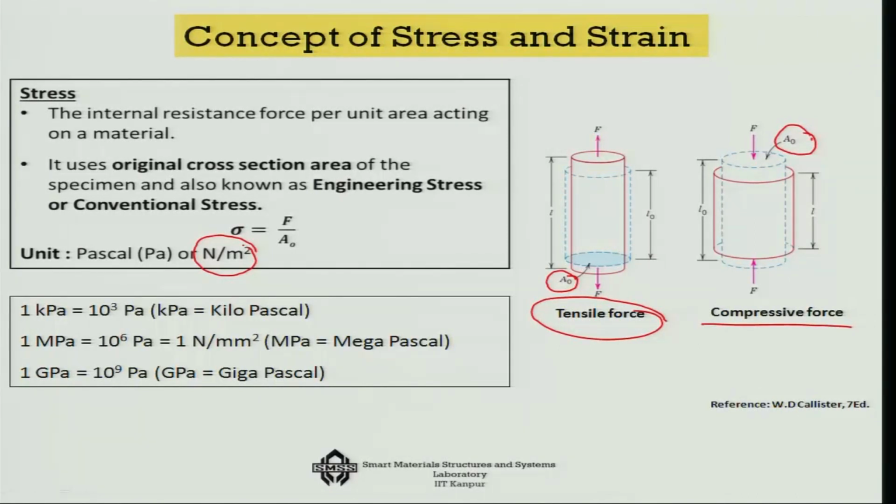Rubber will have a modulus of elasticity between kilopascal and megapascal range. Steel has a modulus of elasticity in the gigapascal range, 200 gigapascal or so. That gives an idea of what kilopascal, megapascal or gigapascal means.